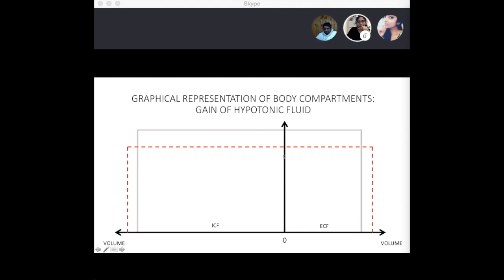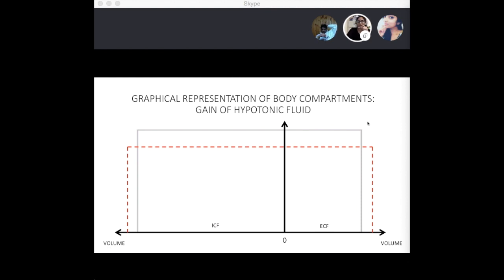So the fall of this osmolality caused a shift of water into the cell, which is why you see a net gain of water on both sides of compartments, and there is more water than osmoles. So what could be the possible cause now?